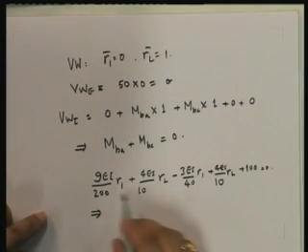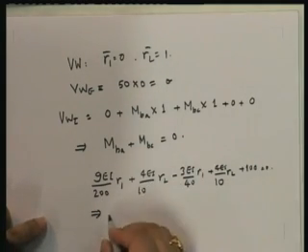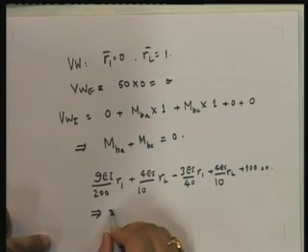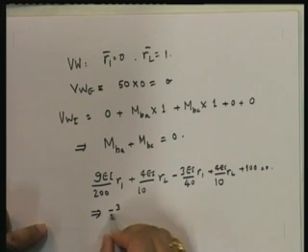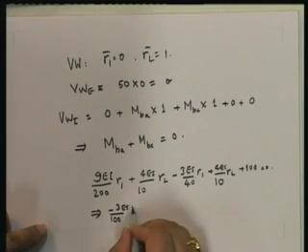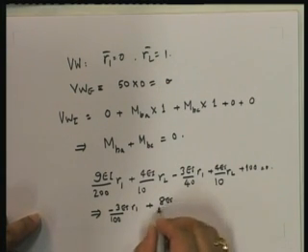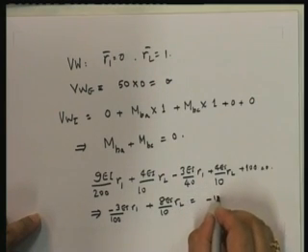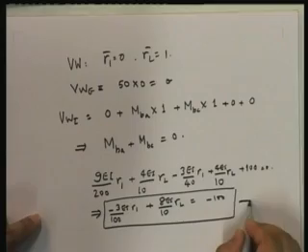This is easy to do. So what you get is 9 by 200 minus 15 by 200, which is minus 6 by 200, becomes minus 3 by 100 EI into R1 plus 8 EI by 10 R2 is equal to minus 100. That becomes my second equation.